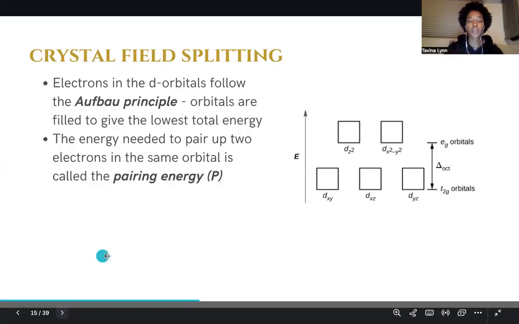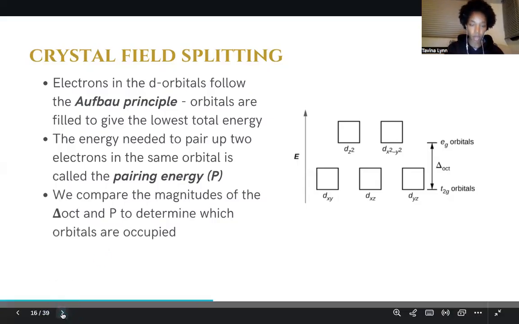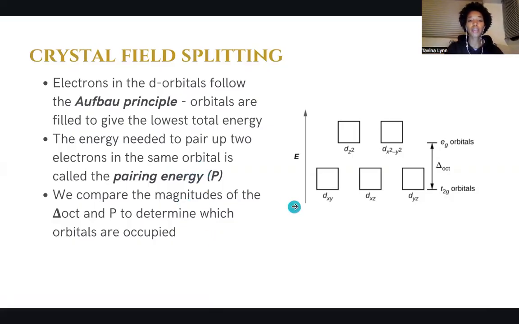So essentially, when we think about how the electrons are going to fill in these d orbitals, we're comparing the magnitude of the pairing energy, right? The energy needed to place two electrons in the same orbital, to the octahedral splitting, this difference in these energetic levels here.